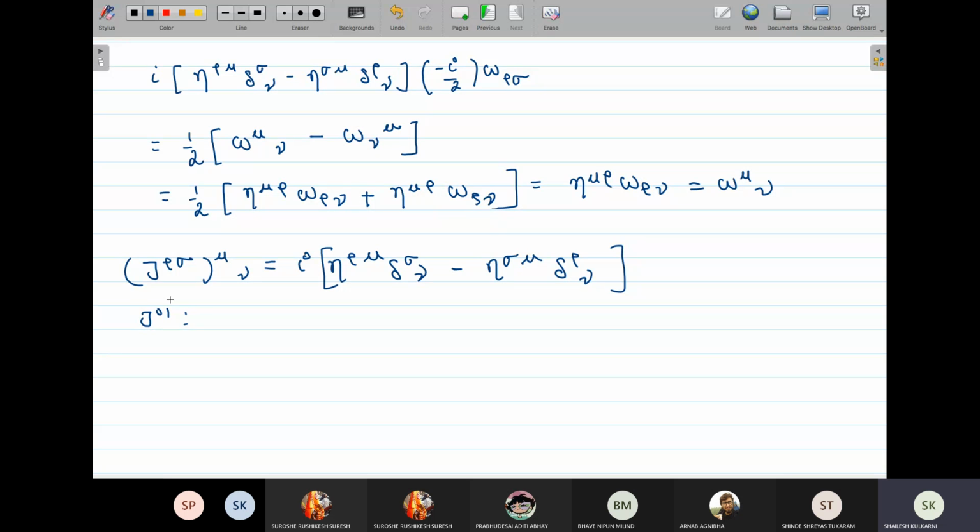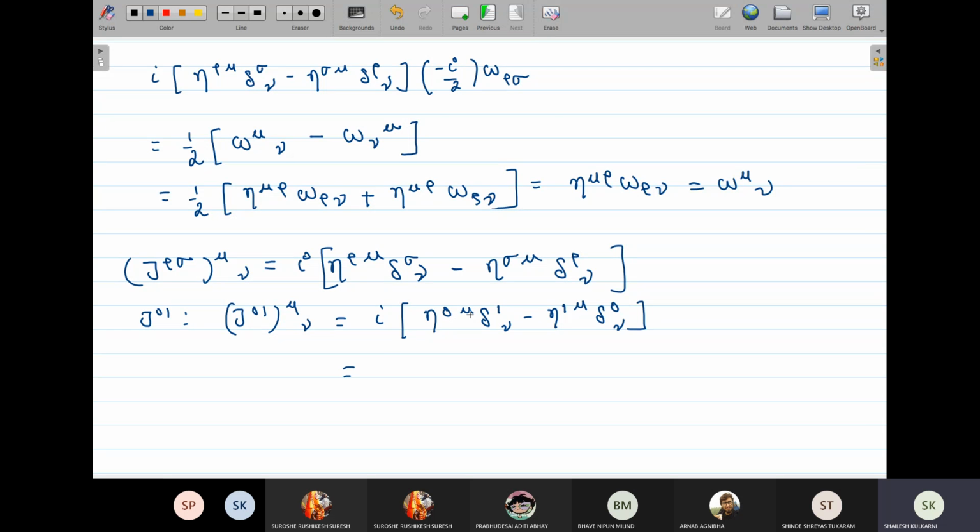Okay, so J01 mu nu. What are these entries? This will be i times eta rho is 0 and sigma is 1, so eta 0 mu delta 1 nu minus eta 1 mu delta 0 nu. So what is this?